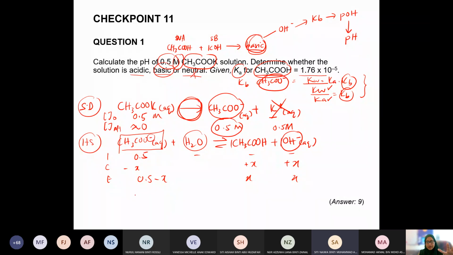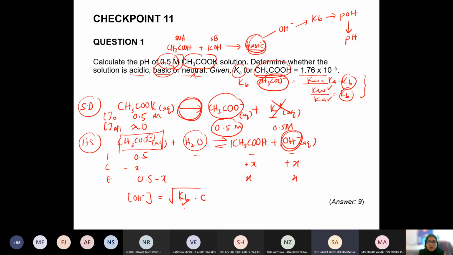Next we can proceed to using the simplifying assumption, the simplifying method, or the alternative method, which is to use the formula. Since we have OH minus, we are going to use the OH minus formula, which is equal to Kb times C.